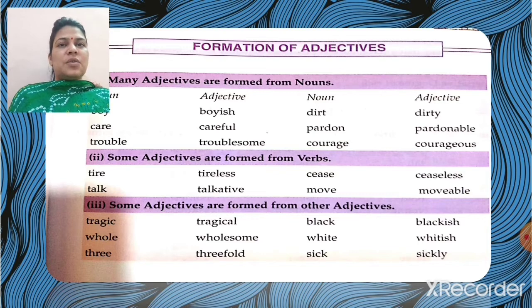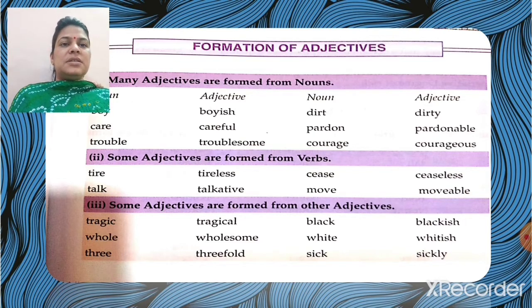Tragic is already an adjective, as in this situation is tragic, and we can change it into tragical. It was a tragical moment. Whole changes into wholesome. This is a wholesome breakfast.